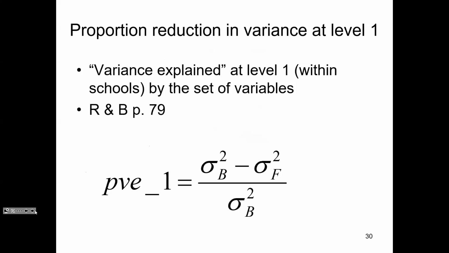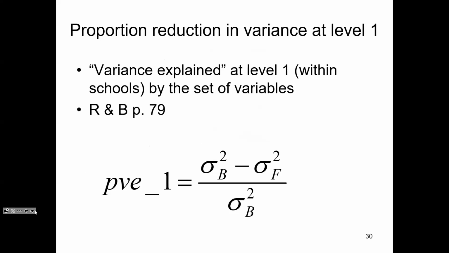We're going to talk when we get to Snijders and Bosker about some other ways of thinking about R squared or proportion of variance explained. But for now, I find this to be a very helpful way of thinking about how well I'm able to explain some of the level 1 variance in my model with a predictor or with a set of predictors.